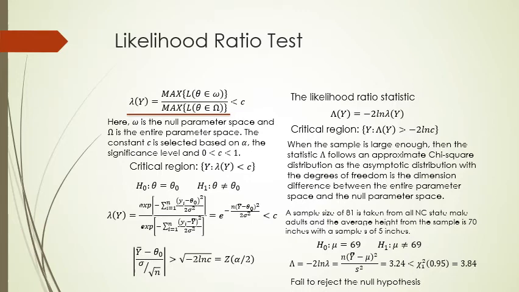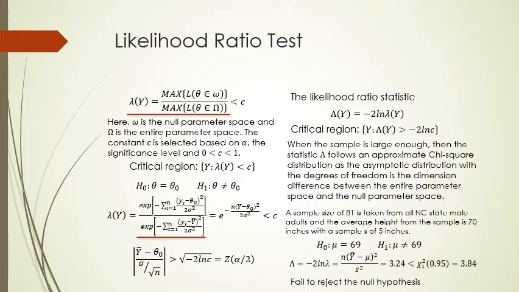The null hypothesis is theta equal to theta 0. Lambda is the maximum likelihood when the parameter theta is equal to theta 0 divided by the maximum likelihood when the parameter is free. Since we have the maximum likelihood when the parameter is y bar, we have this.